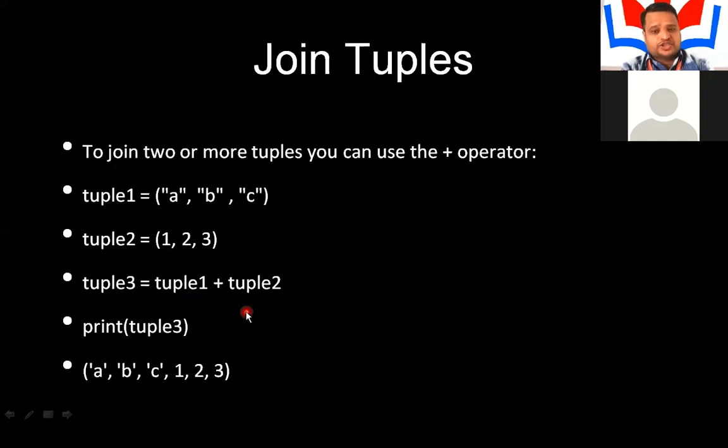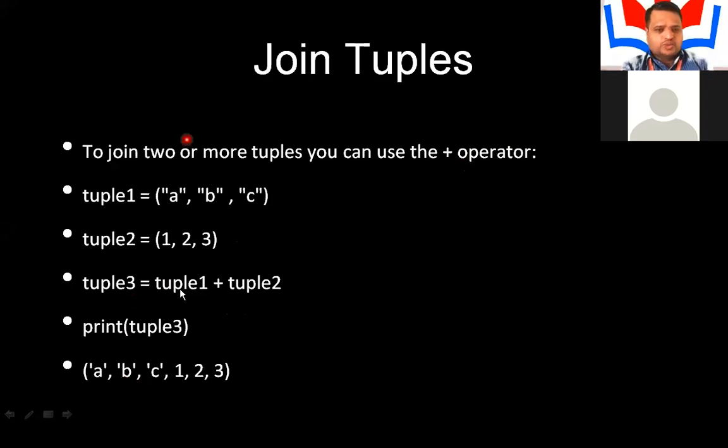So the syntax to join one or more tuples is: tuple name equals tuple name 1 plus tuple name 2 plus so on up to tuple name n. In between the tuples you use the plus operator. When I print tuple 3, you can notice A, B, C, 1, 2, 3. All the elements are displayed.